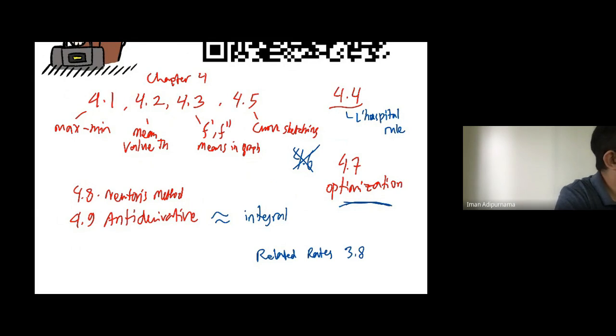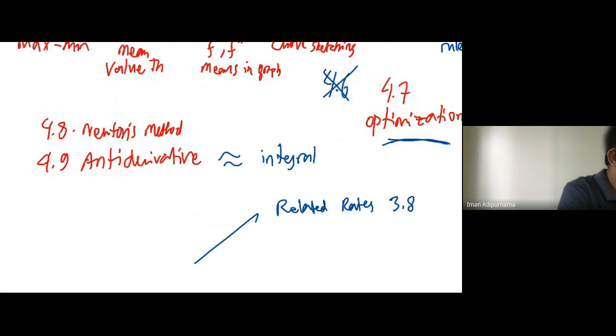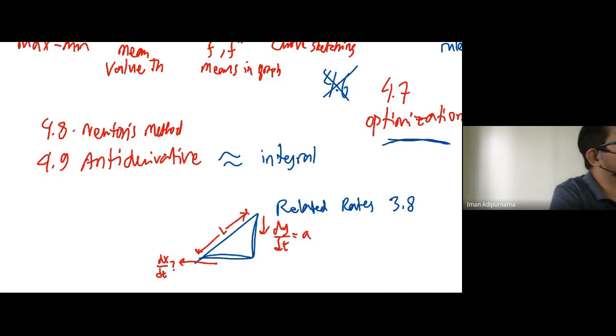So related rates, when you have, remember the triangle, the ladder, and then it's going down for dy dt, and you know that this is dx dt, and asking dy dt, and you have a ladder with fixed length. What is dx over dt? This is a related rates problem.